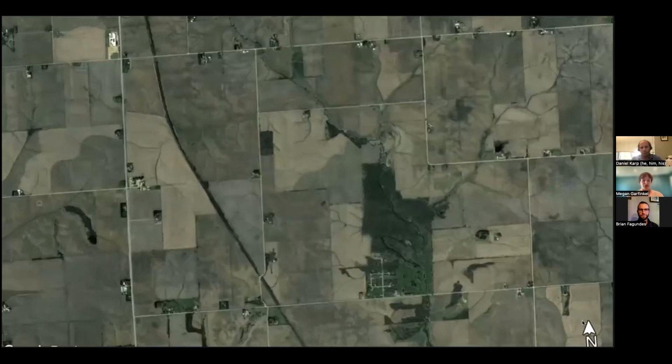So this is just a Google map image of a little bit of a sad area, but this is out in Illinois near me. You can see it's a very agricultural area. And in this map, we can see both these within farm and surrounding the farm vegetation features that I'm going to be discussing. So here we've got this tree line or hedgerow, which is going through some of the fields and along the edges of other fields.